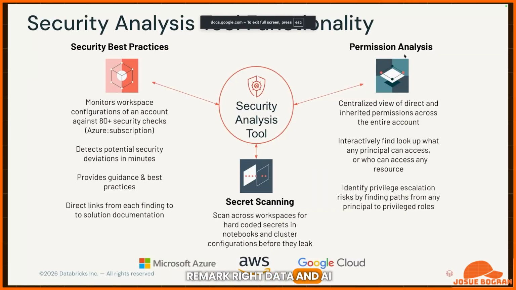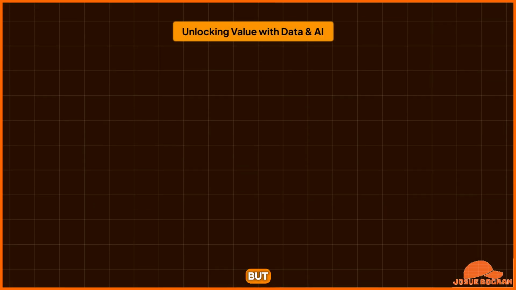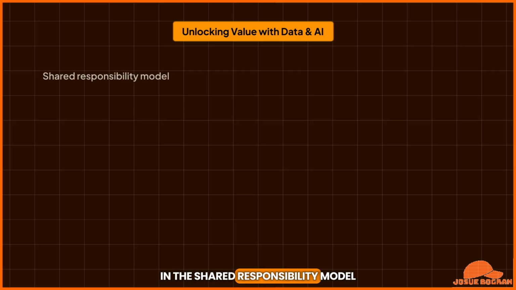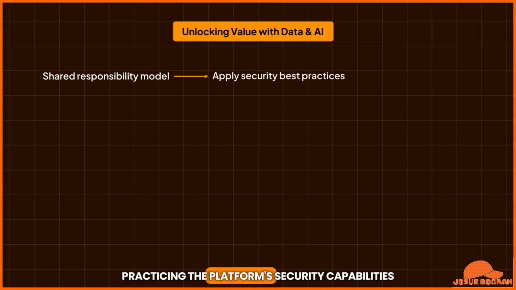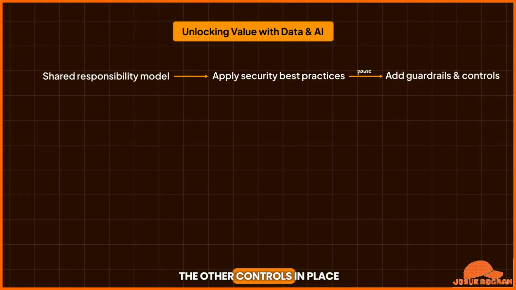So ultimately, what we are converging towards is your original opening remark, right? Data and AI, the analytics on these data sets, and through AI, especially on the agents, is opening up huge value. But you need to make sure you are following the shared responsibility model, practicing the platform's security capabilities by taking a little bit of pause and making sure you apply those guardrails or controls in place, and then you go fast from there.